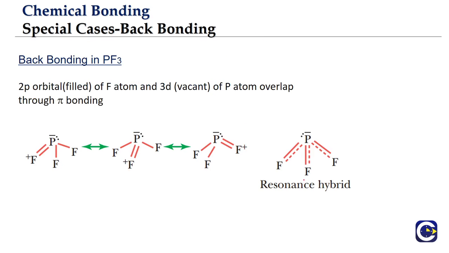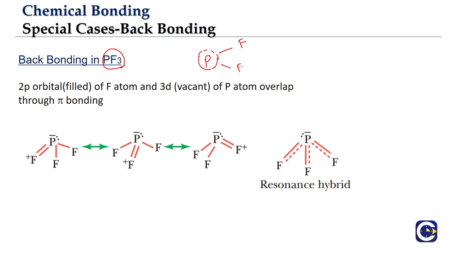Now we look at one more case of back bonding, that is in the case of PF3. So PF3: phosphorus is bonding to 3 fluorines.